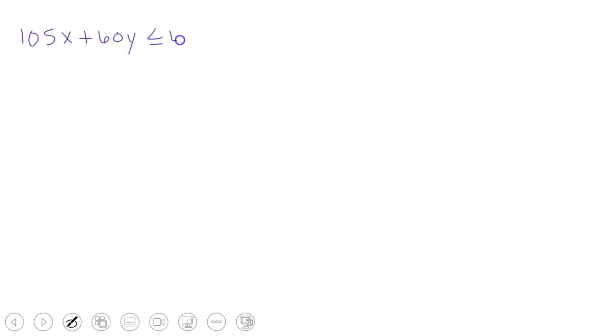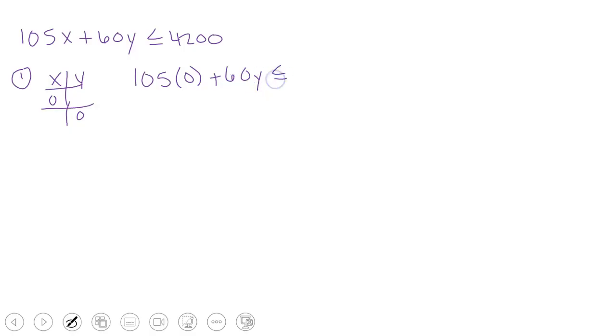So here was my equation, 105x plus 60y less than or equal to 4,200. So my first step is my intercepts. Make your table, put your zeros. Let's get some points so we can graph that. So instead of x from my inequality, I'm going to plug in 0 and then bring everything else to find y. We're finding the y-intercept because that's what's left.